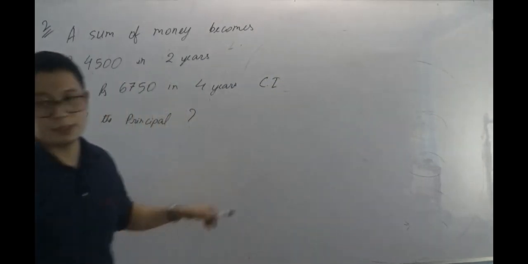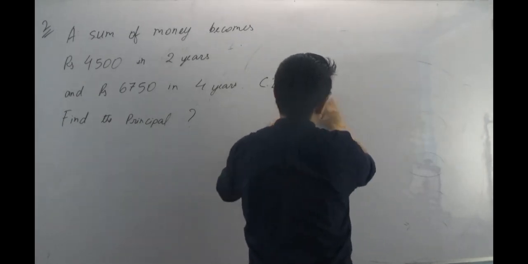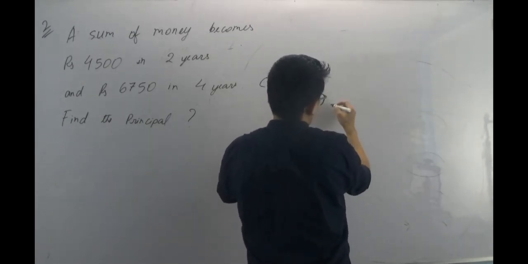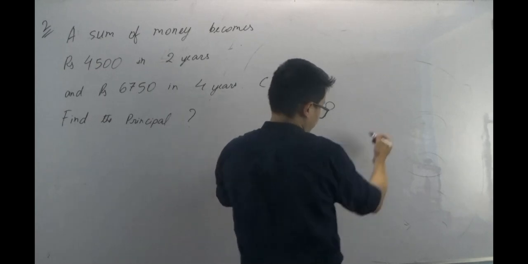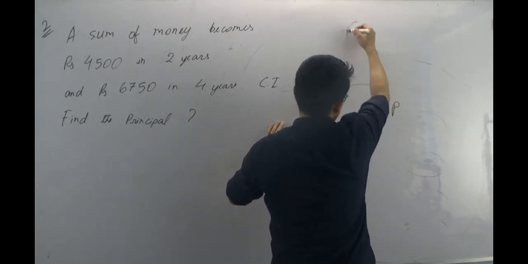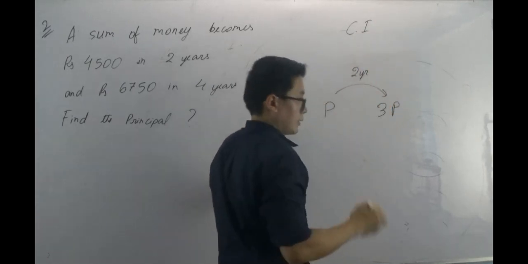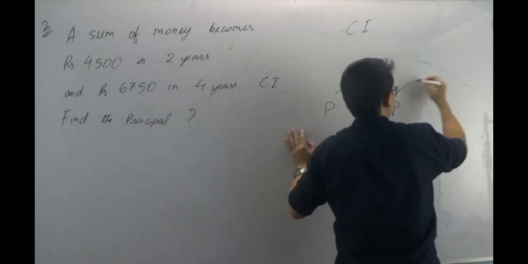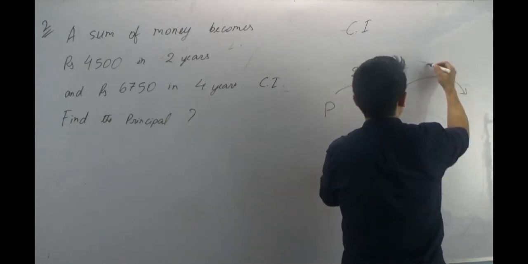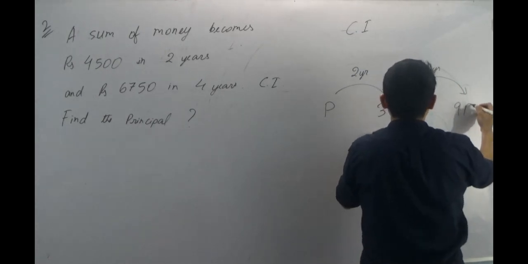Now we'll see. P becomes 3P in compound interest if it takes 2 years. After 2 years it becomes 3 times, that is 9P only.